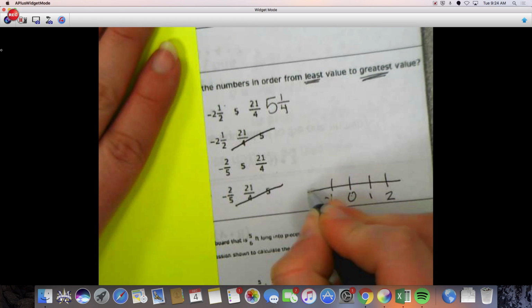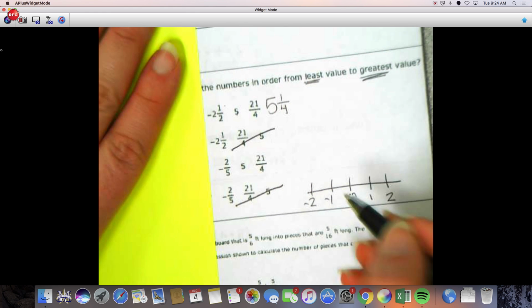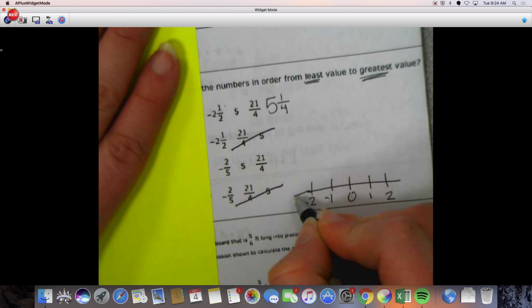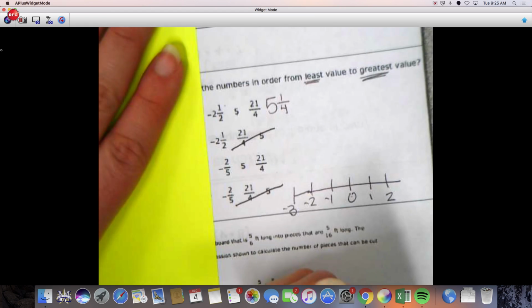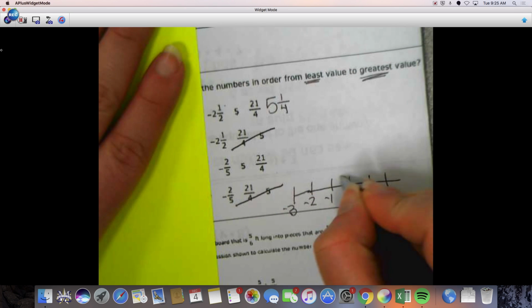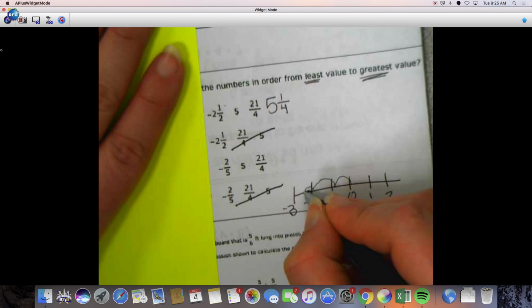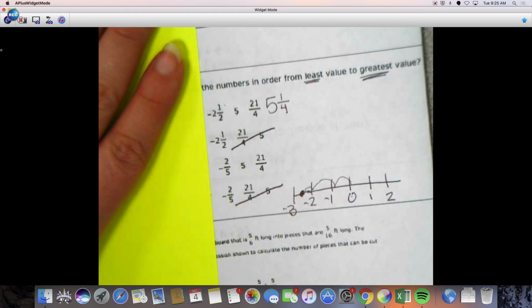But when you're looking for it in the negatives, it works backwards. So if I have this number line right here, where is negative 2 1/2 going to be? I'm going to count 1, 2 1/2, and it's going to be right here. Negative 2/5.